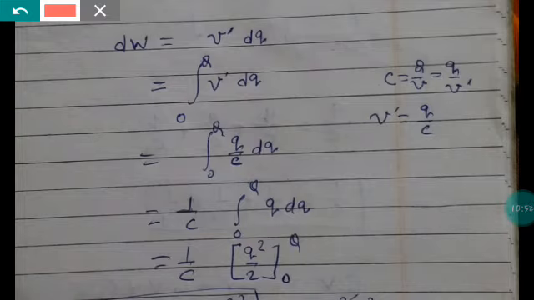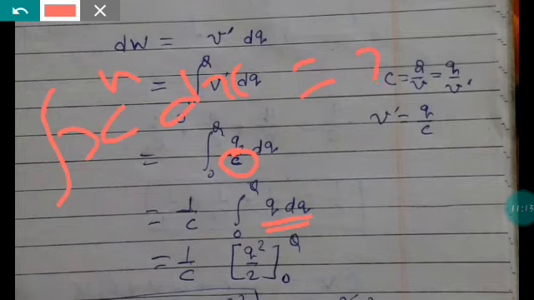C is a constant term, because the capacitance of a capacitor is constant, therefore it is taken out from the integration, and we will integrate q with respect to dq. We have the formula of integration, x power n dx is equal to x power n plus 1 upon n plus 1.